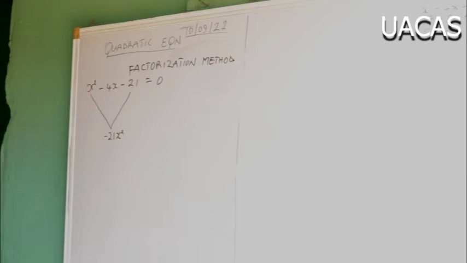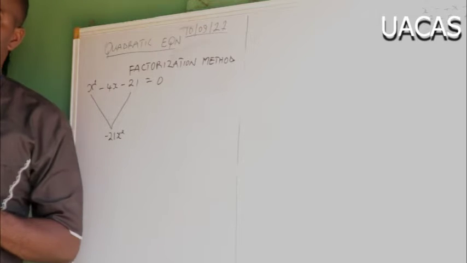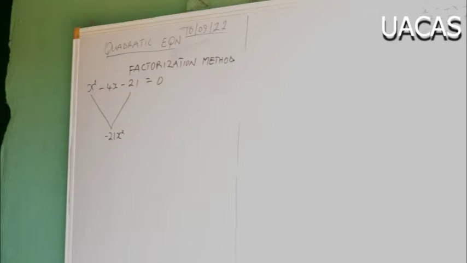Now, from what we learned just now, minus 21x squared has two factors of 21. We have 7 and 3. 7 minus 3 will give me what? Plus 4, which will not go. I told us something.